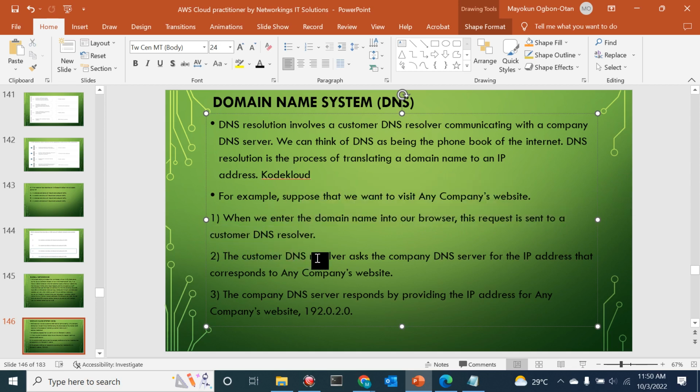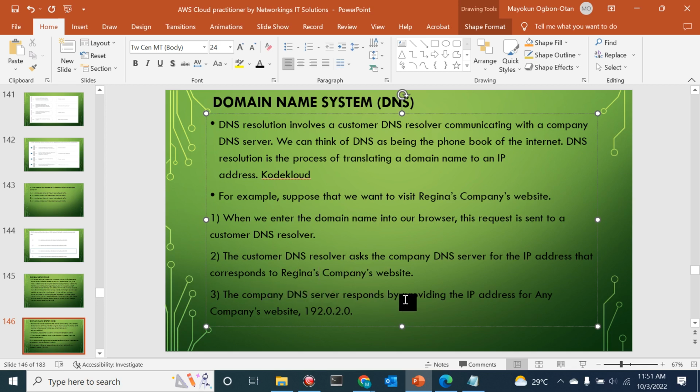The customer's DNS resolver asks the company's DNS server for the IP address that corresponds to the company's website. Let me use Regina's company's website.